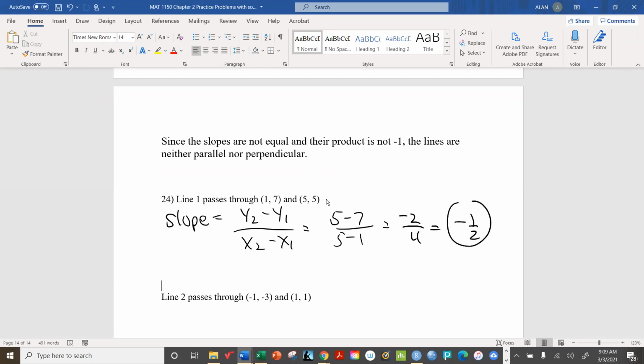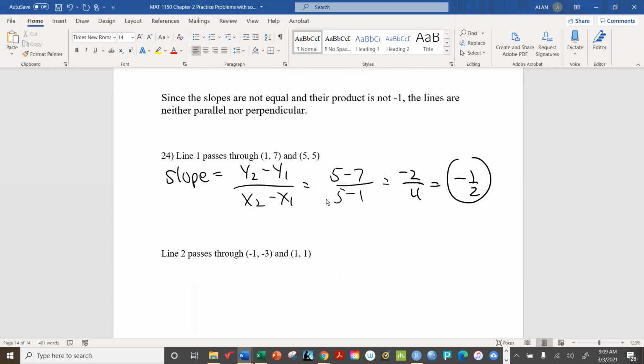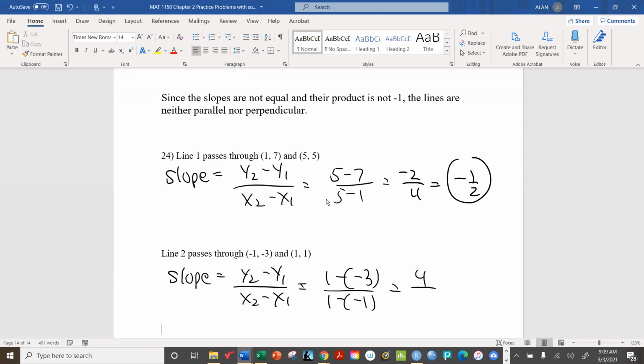And then down here we have slope: 1 minus 3 over 1 minus 1, 4 over 2.